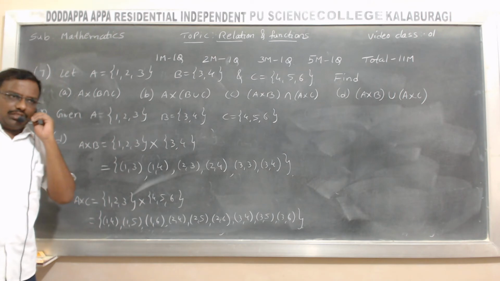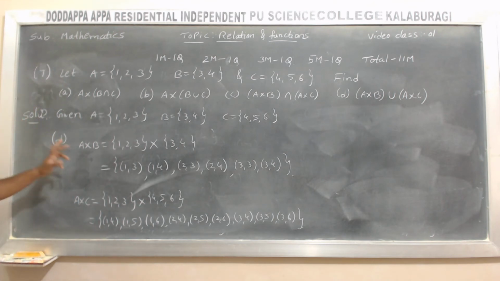Okay, now you find A cross B and A cross C.